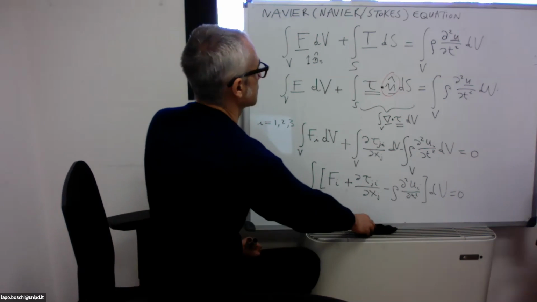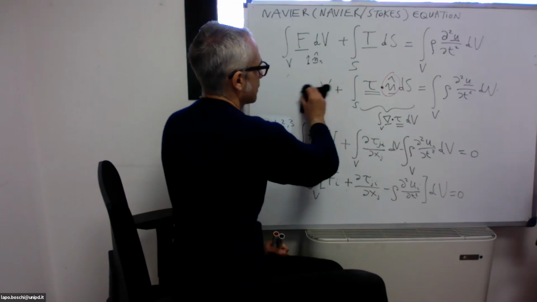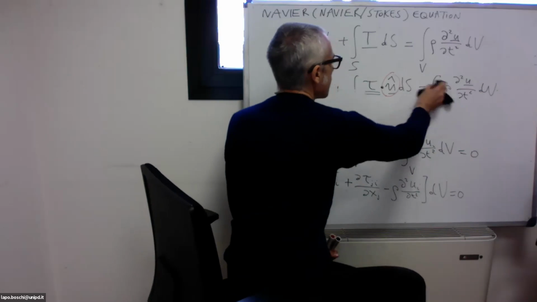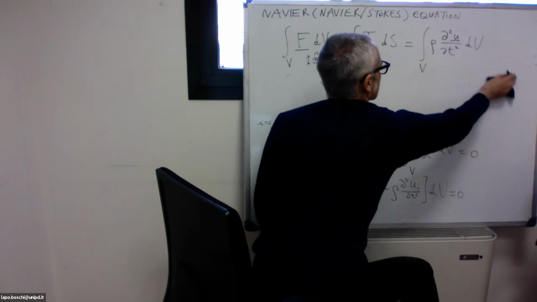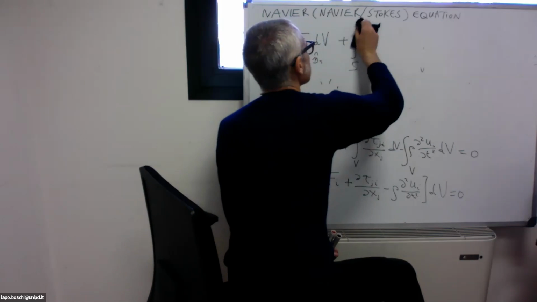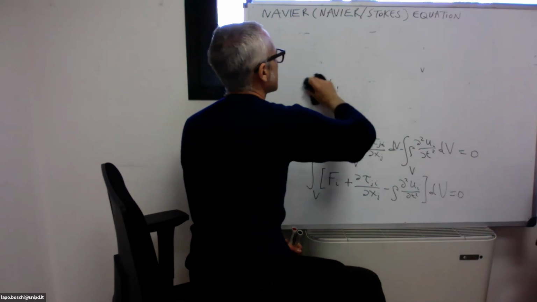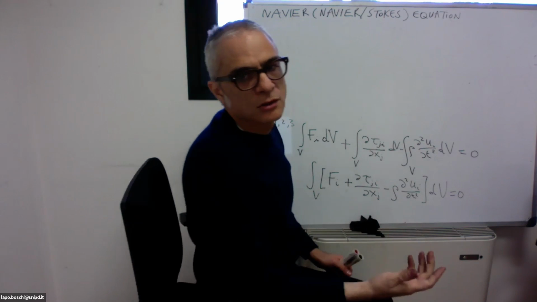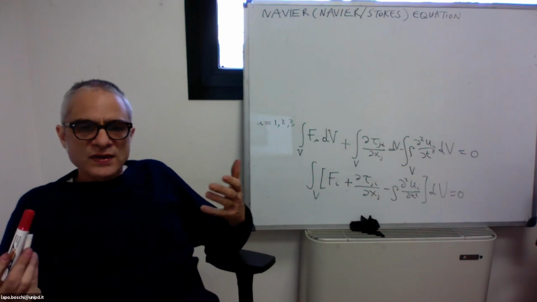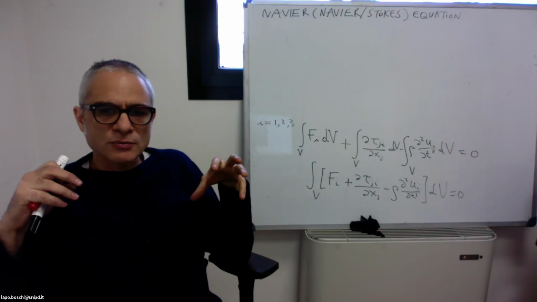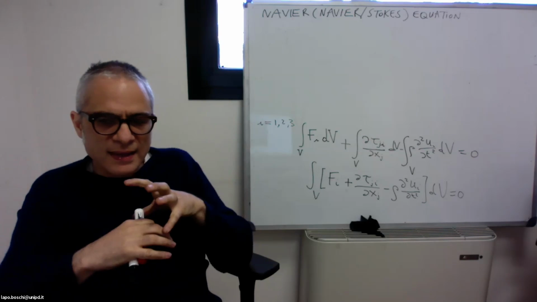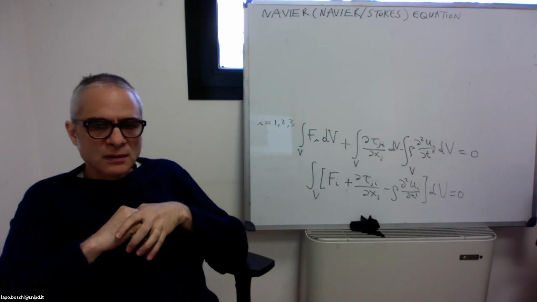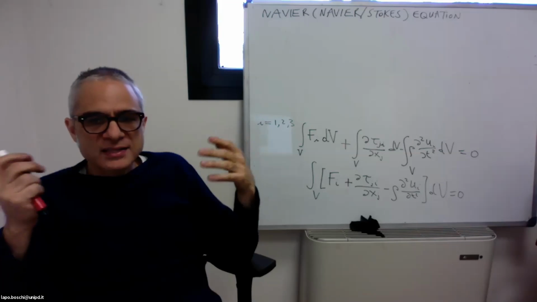But remember a very important point: v is arbitrary, okay? Ultimately, we never said that v has to fulfill some important property. V is just an arbitrary volume that we take anywhere within our medium to study its general properties.